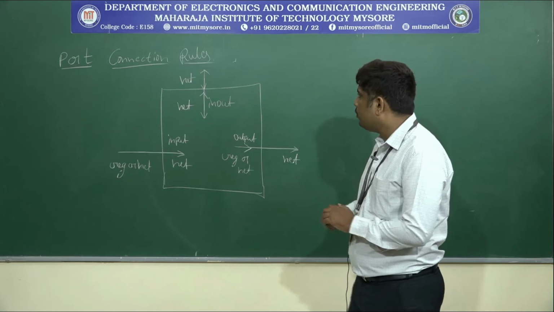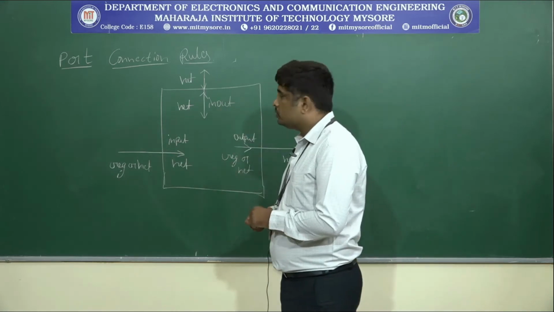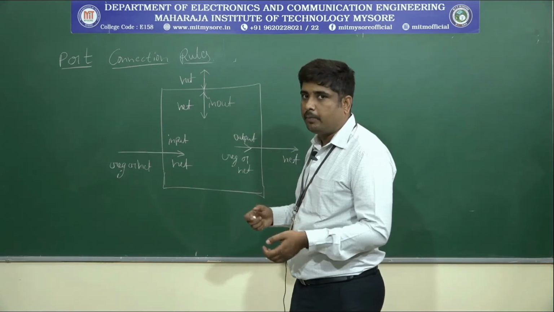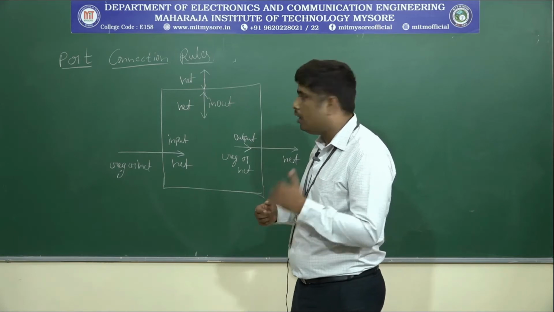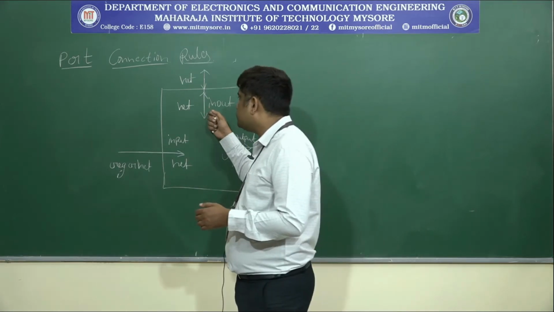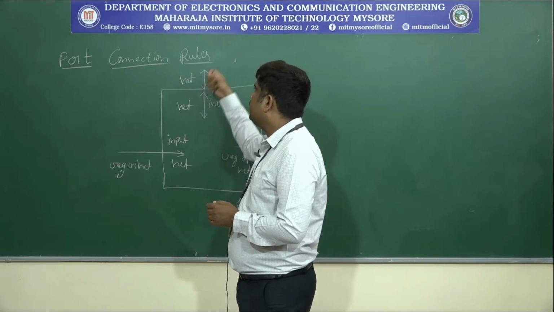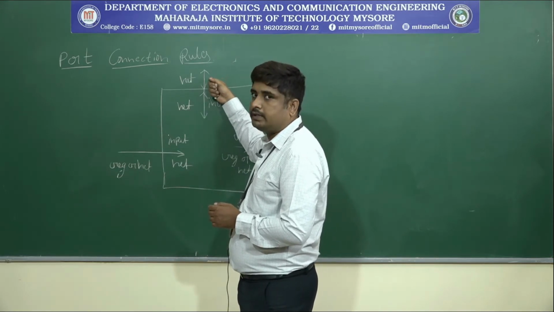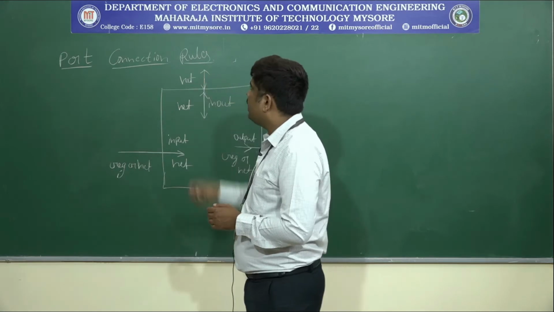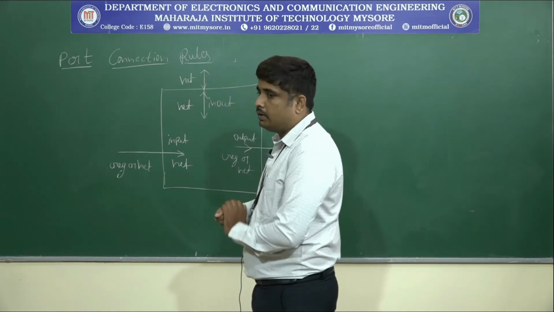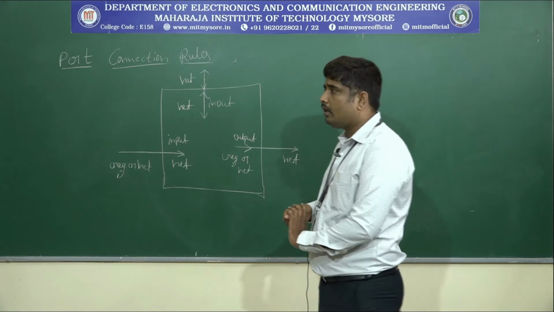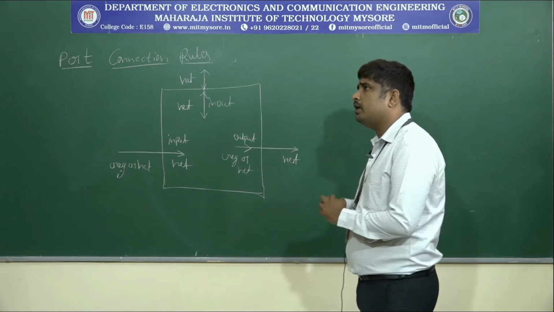That is the output. Next, inout. Inout is a bidirectional port; it acts as either an input port or an output port. The rule for inout is that internally it is always a net, and externally the connection is always a net. So those are the port connection rules.